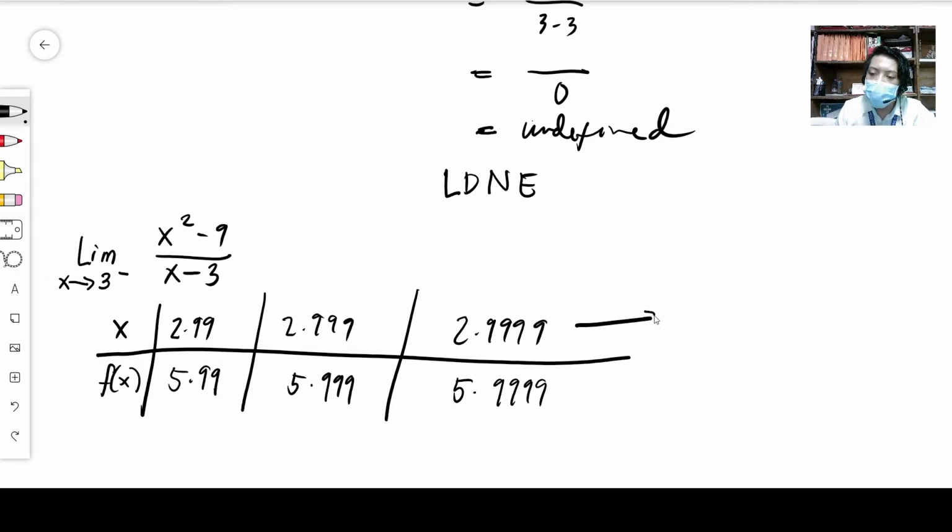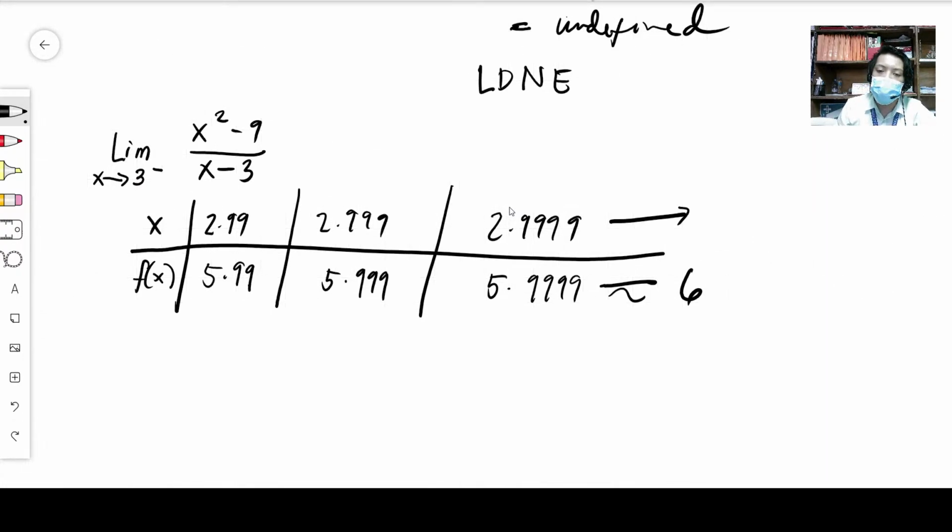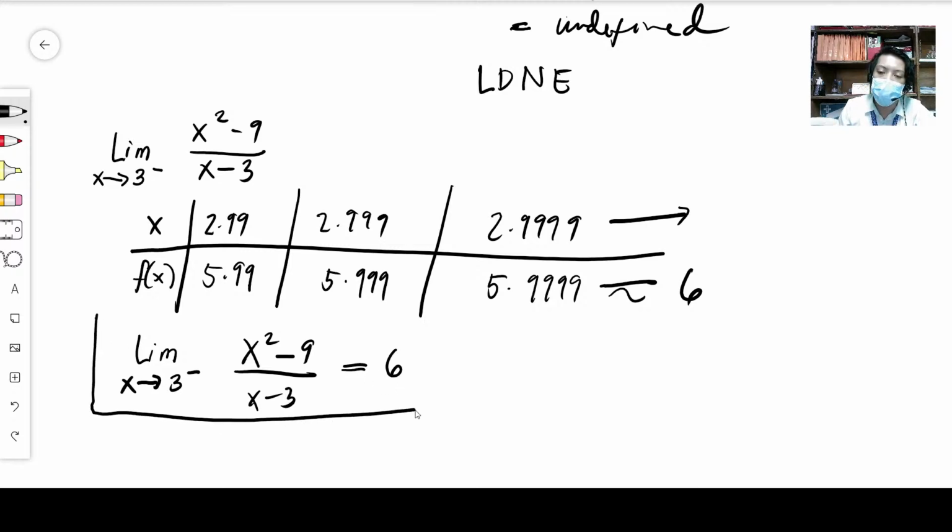If you continue, eventually this will reach 6. So you can say the limit of x squared minus 9 over x minus 3 as x approaches 3 coming from the left is equal to 6. This is the left hand limit only.